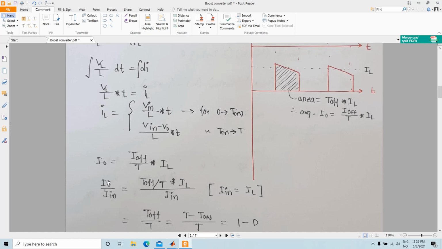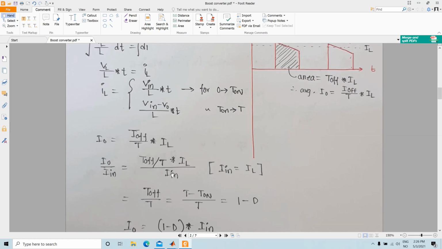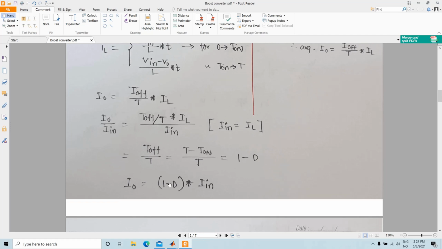As I said before, this I in, or the input current, is the same as the DC inductor current, which is IL. So you can basically cancel these two together. You get I out divided by I in equals T off divided by T, which is actually 1 minus D. So your output current is 1 minus D multiplied by I in.